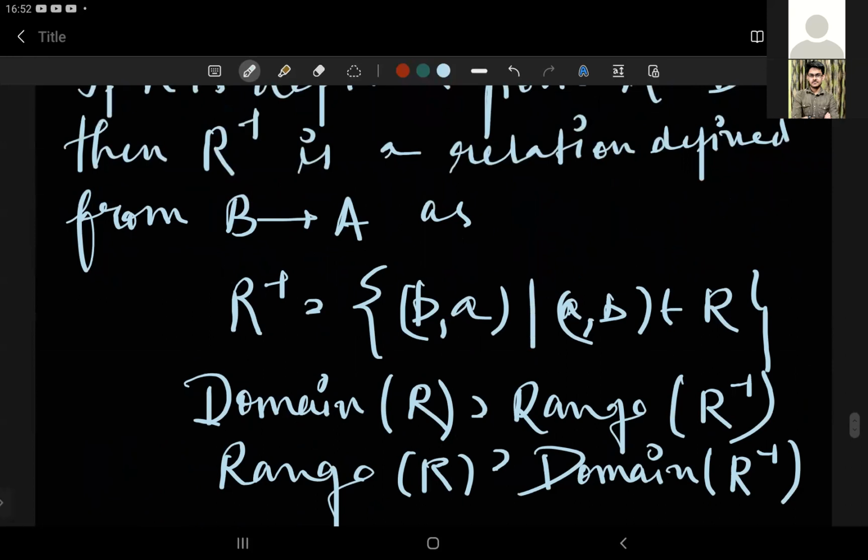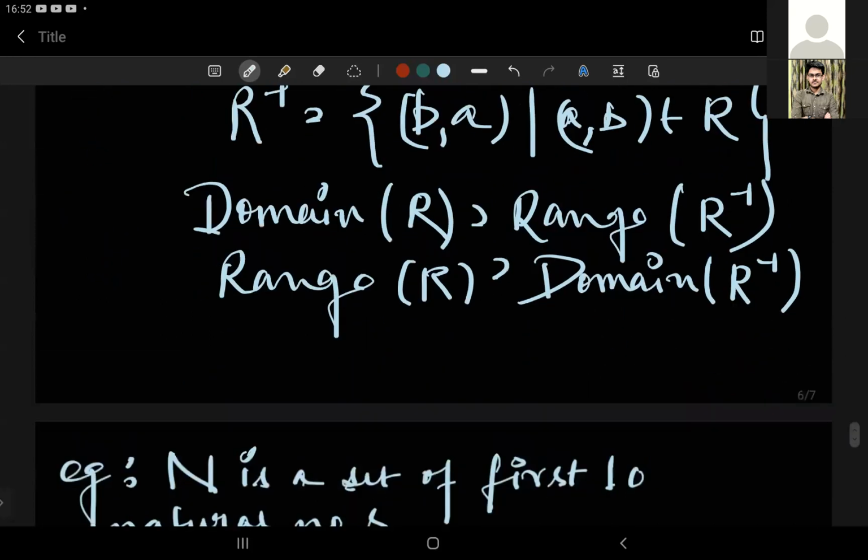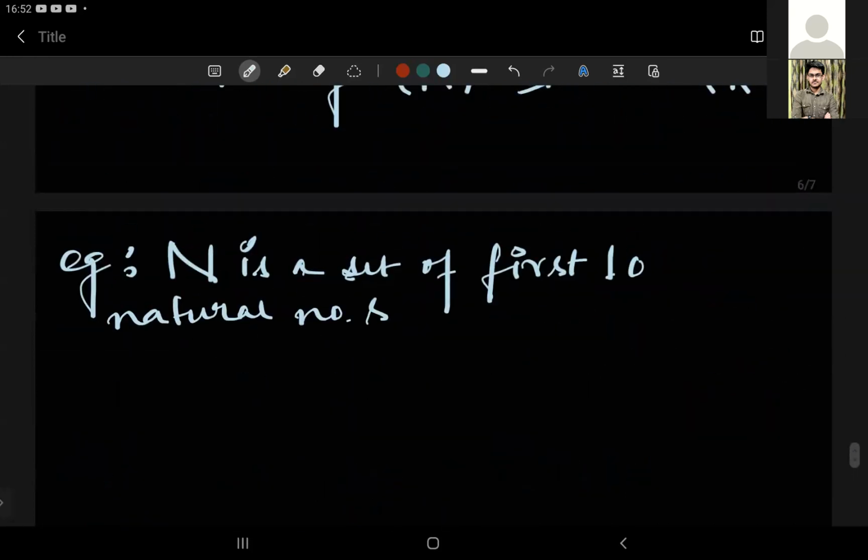Okay, sir. So N is the set of the first 10 natural numbers, and we define a relation R between a and b, defined as a plus 2b is equal to 10.